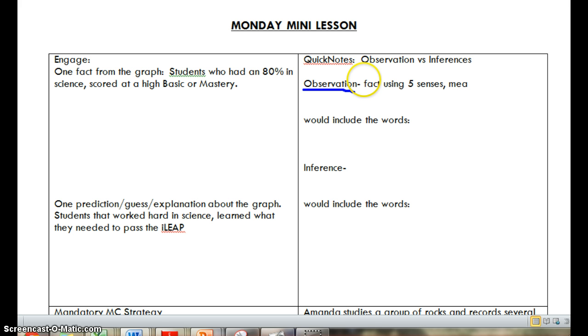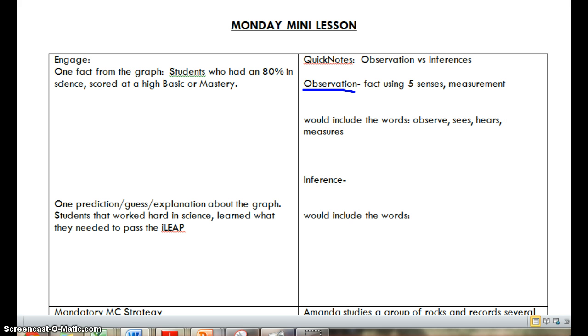It could also be a measurement. If it's an observation, you know it's going to include some words. It might include the words observe, sees, hears, measures, smells, notices. All of these are words that indicate it's an observation. Go ahead and write those down.